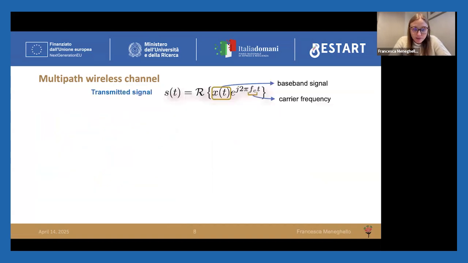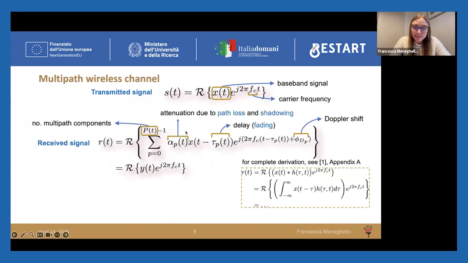So from a mathematical perspective, if we model the transmitted signal in this way, by considering the baseband signal up-converted to the carrier frequency, and we transmit the real part of this signal, the received one can be modeled in this way, where we have a combination over all the different copies of the signal received by the receiver antennas.